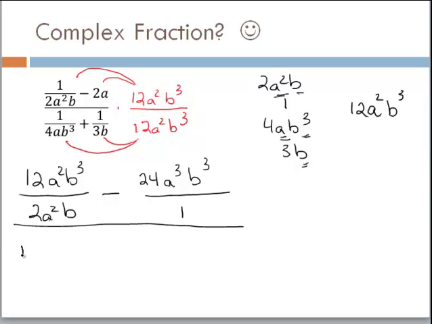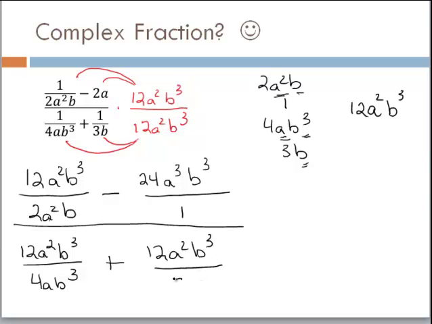It's 1 times all of that, and then 4ab cubed in the denominator, and then we multiply this one, so we have plus 12a squared b cubed all over 3b.